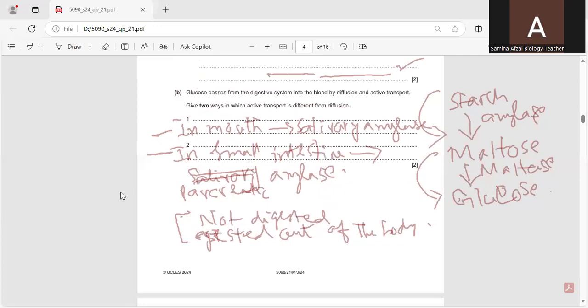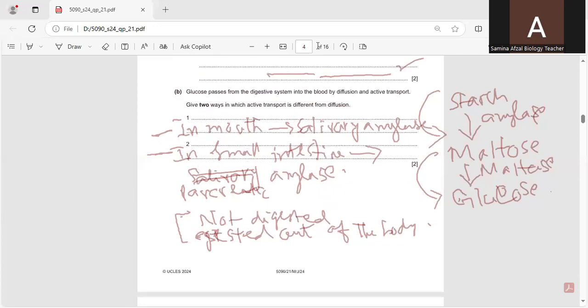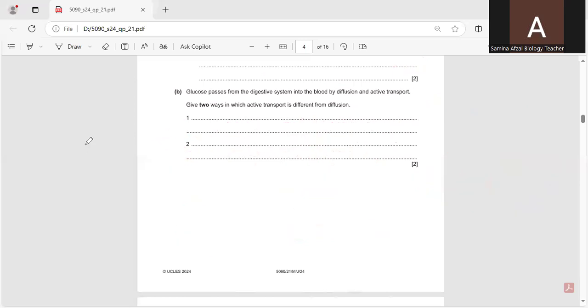Now the next question. Glucose passes from the digestive system into the blood by diffusion and active transport. Give two ways in which active transport is different from diffusion. And students, you know, diffusion is the net movement of molecules and ions from the higher concentration towards the lower concentration.